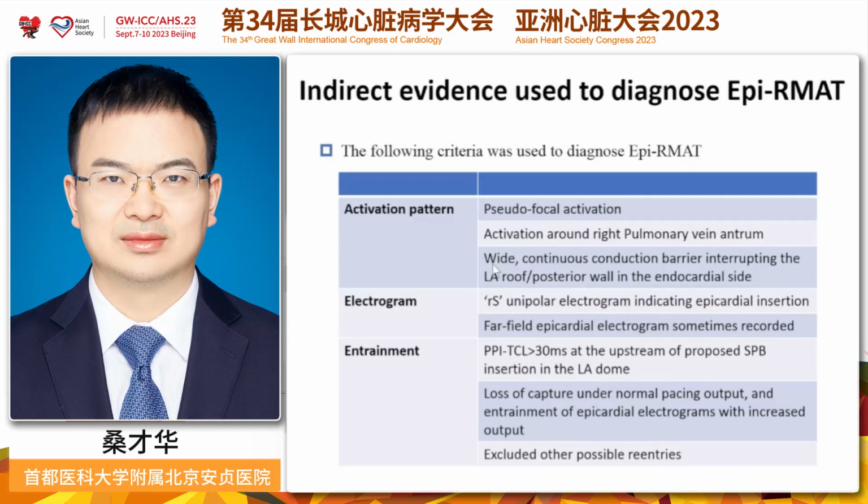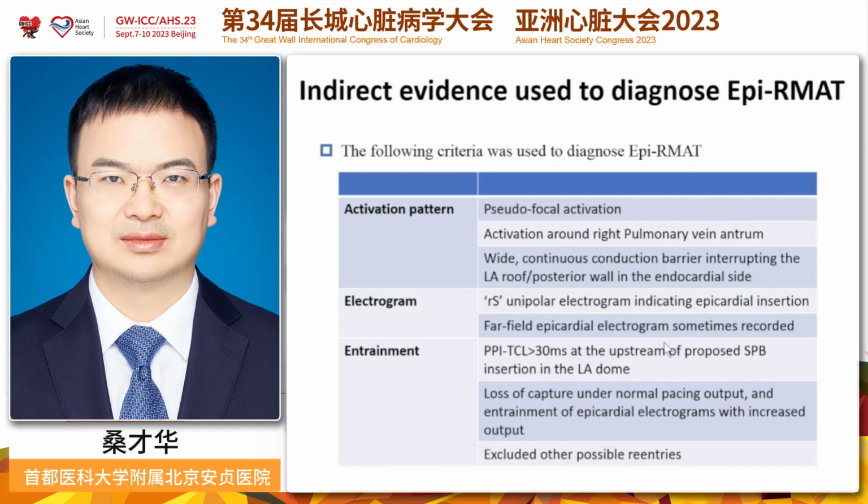Many patients have a wide, continuous conduction barrier interrupting the airway roof or posterior wall on the endocardial side. The electrogram character shows a small RS unipolar electrogram indicating epicardial insertion. Far-field epicardial electrogram is sometimes recorded.